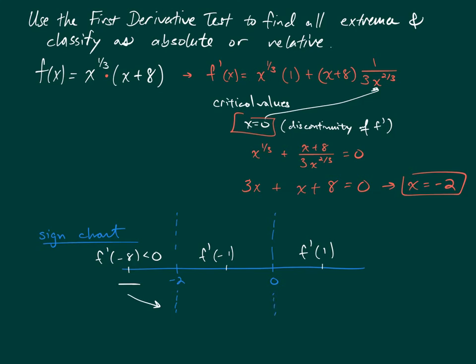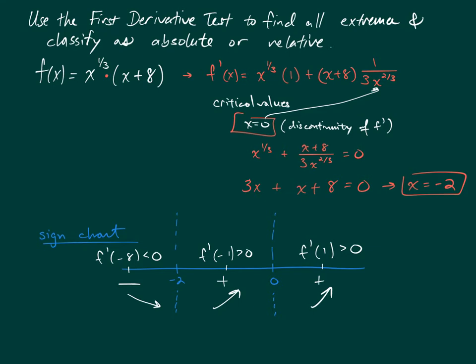Between -2 and 0, I pick -1, and when you substitute -1 in here for all these x's, you end up with something positive. And then again, we have to put one more number, evaluate the derivative at 1, and strangely, you get something that is positive again.